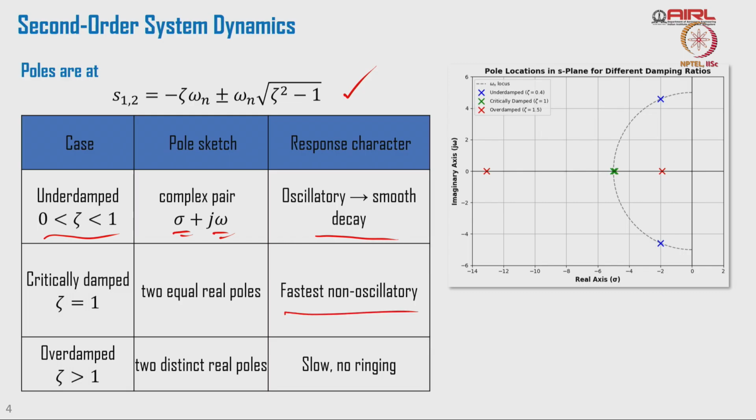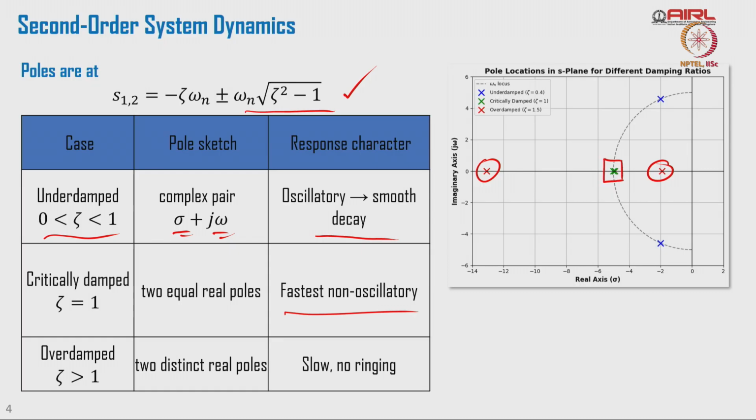However, if it is overdamped, then we will have 2 distinct poles, right? So in that case, if zeta is greater than 1, then we have two distinct poles. One is minus zeta omega n plus this term, and another will be minus, right? So these are the poles for the overdamped case. These are the poles for the critically damped case, right?